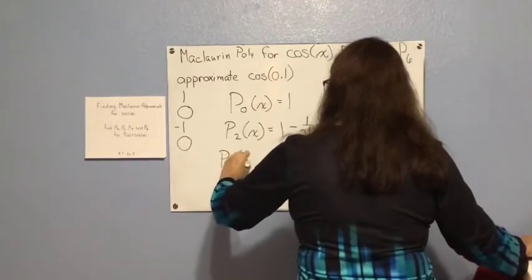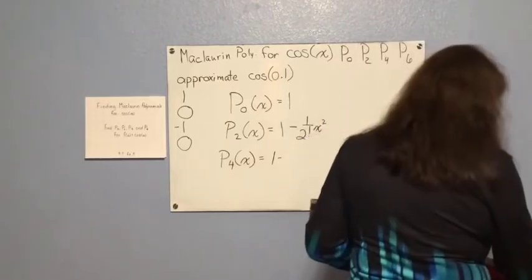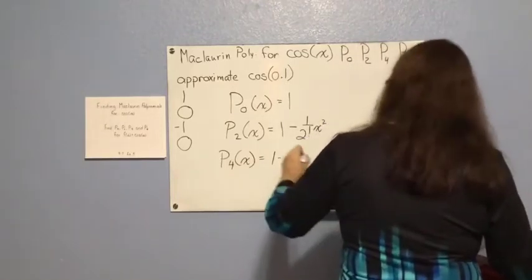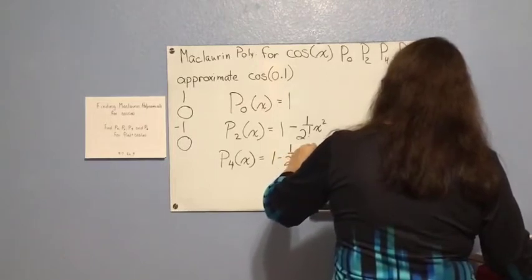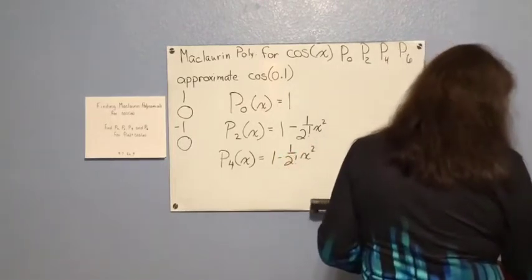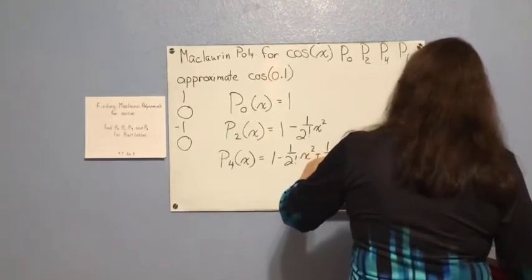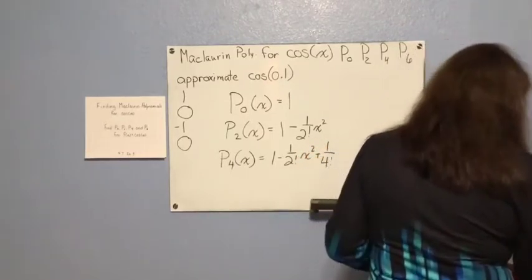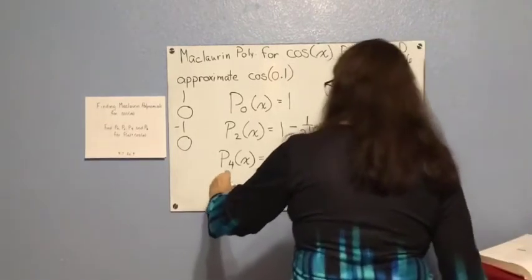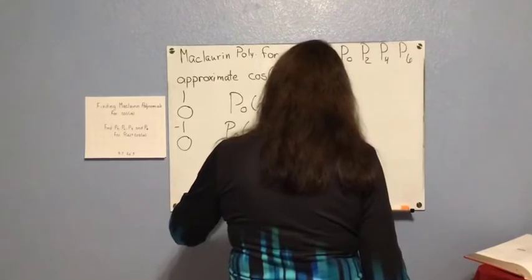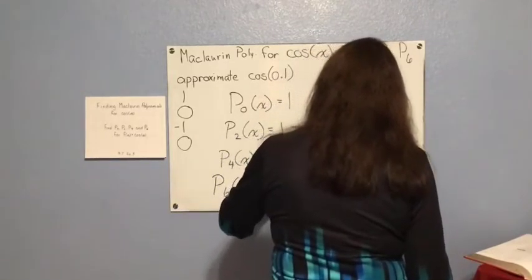P sub 4 of x is equal to 1 minus, same thing, 1 over 2 factorial x squared plus 1 over 4 factorial x to the 4th. And then our last one, p sub 6 of x, is everything we had before.